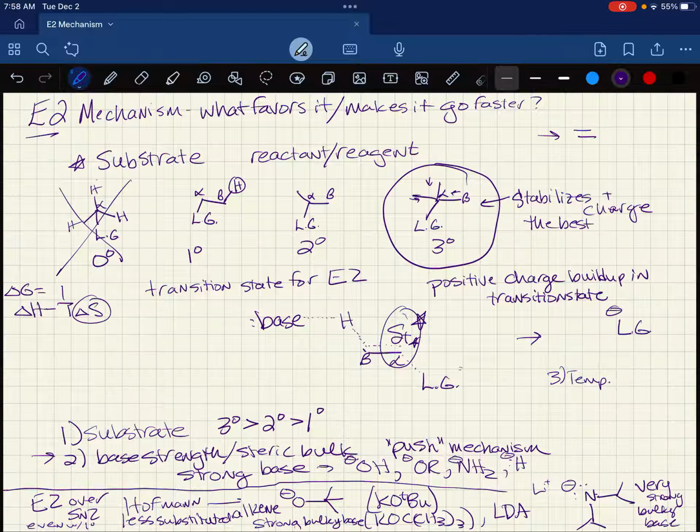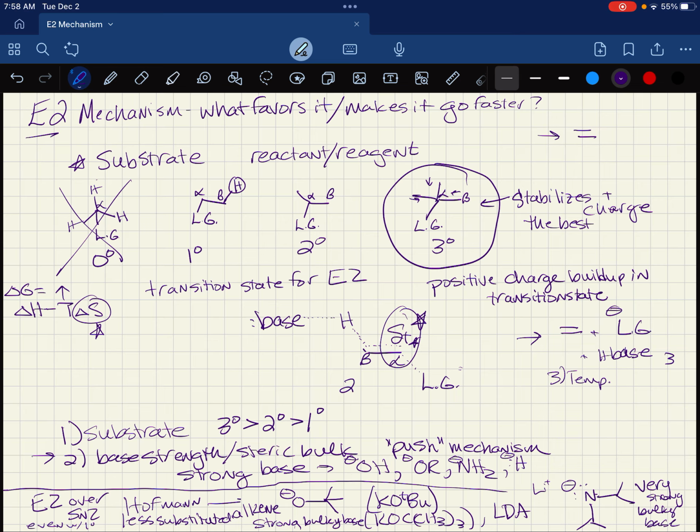So with higher temperatures, when we have a delta S that's larger, that's going to encourage that reaction. And in fact, with the E2 mechanism, or with either elimination mechanism, we end up with the conjugate acid of the base, and the alkene, and then we have the leaving group. So we start out with 2 molecules, and we end up with 3 molecules.